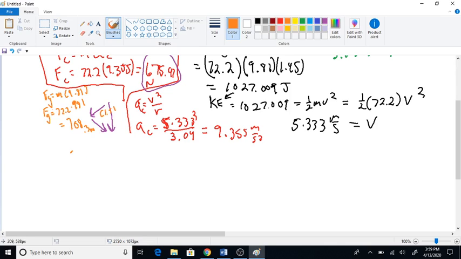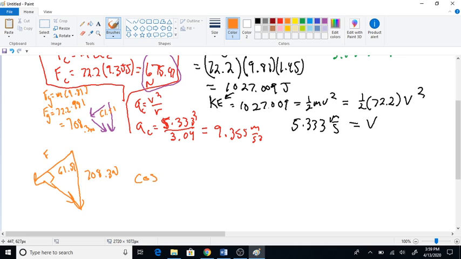So this is 61.51 degrees. This is 708.3 newtons. And we need this F right here, so we've got to split it. So cosine, this is your hypotenuse, there's your right angle.